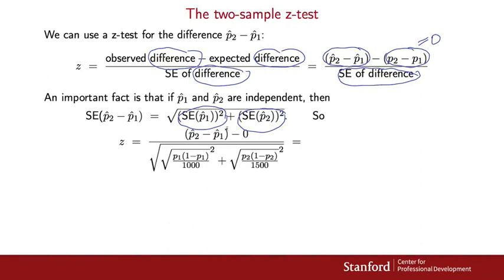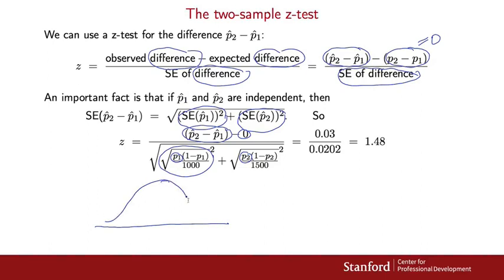We get the difference of the percentages minus 0 on the top, and then we have the formula on the bottom. And now we simply use the formula for the standard error of a proportion, which is this thing there, and we have to square it. And now we have to simply estimate P1 by the percentage. We estimate P2 by the percentage, and what we get is 1.48. So now we can find a p-value by looking up a normal curve.